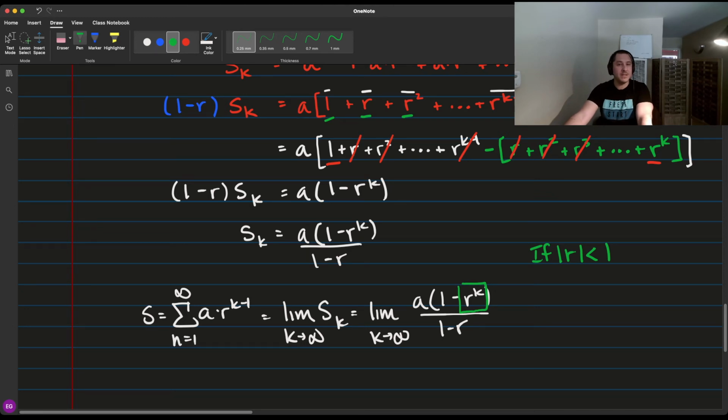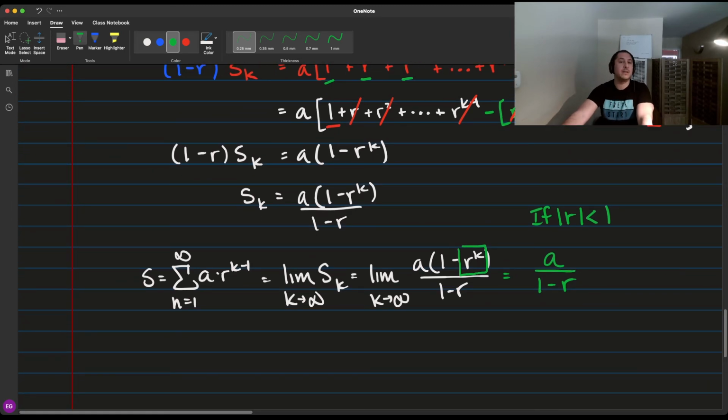Like 1/2 to the 5th, 1/2 to the 10th, 1/2 to the 100th. They go to 0, right? So if you take the limit as k goes to infinity, the r^k just goes away and you get a times 1, which is just a over 1 minus r. So if your r value is a number between -1 and +1, not including them, you get that.